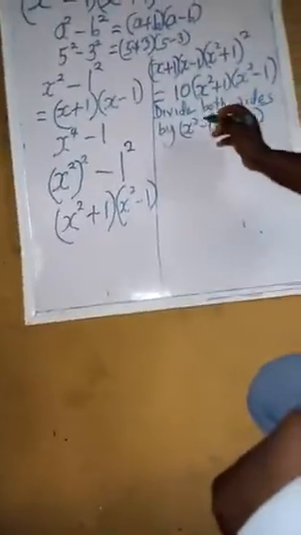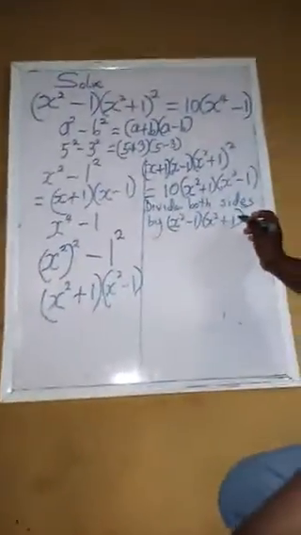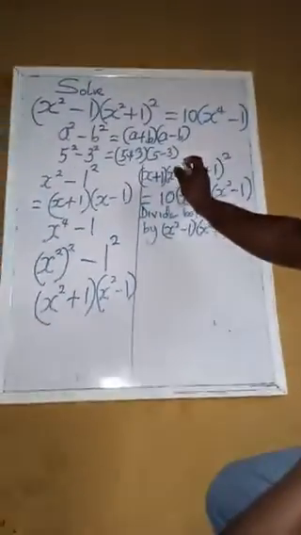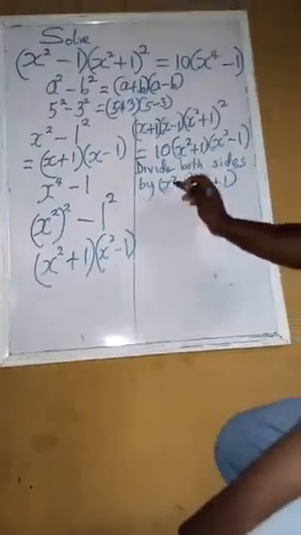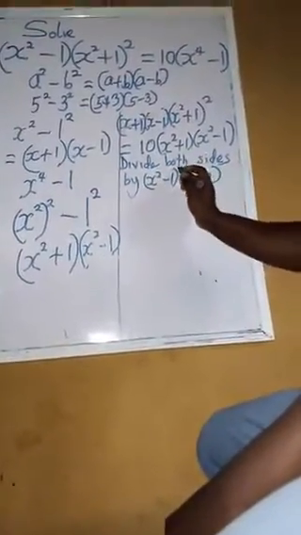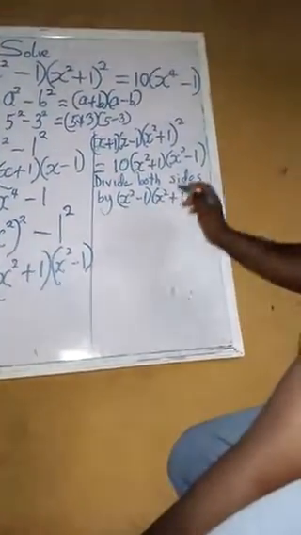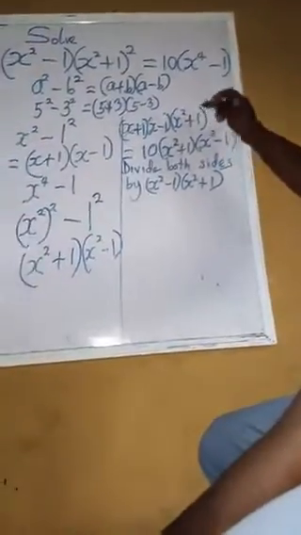Now if I divide this side by x squared minus 1, x squared plus 1, so these two will cancel this. This is x squared minus 1 and this is also x squared minus 1. Then x squared plus 1 squared divided by x squared plus 1, one x squared plus 1 will cancel one of these. So we'll be left with x squared plus 1 only.